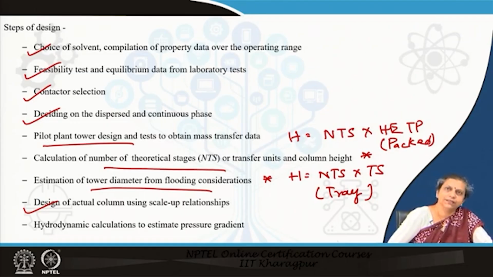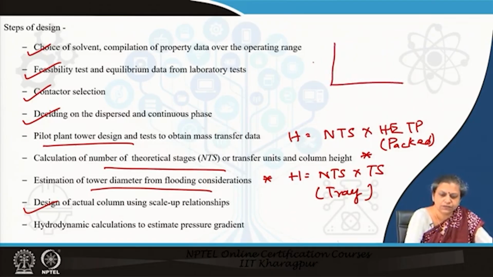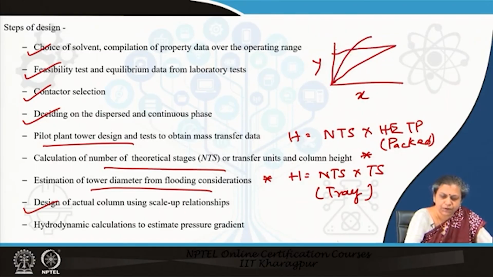We had constructed the equilibrium curve, we had constructed the operating curve, and after we had drawn the two curves, if you remember, in this particular way, this was the curve for the distillation, this was the q line, and accordingly we had drawn the steps between the operating lines as well as the equilibrium curve, and we had found out the number of stages.